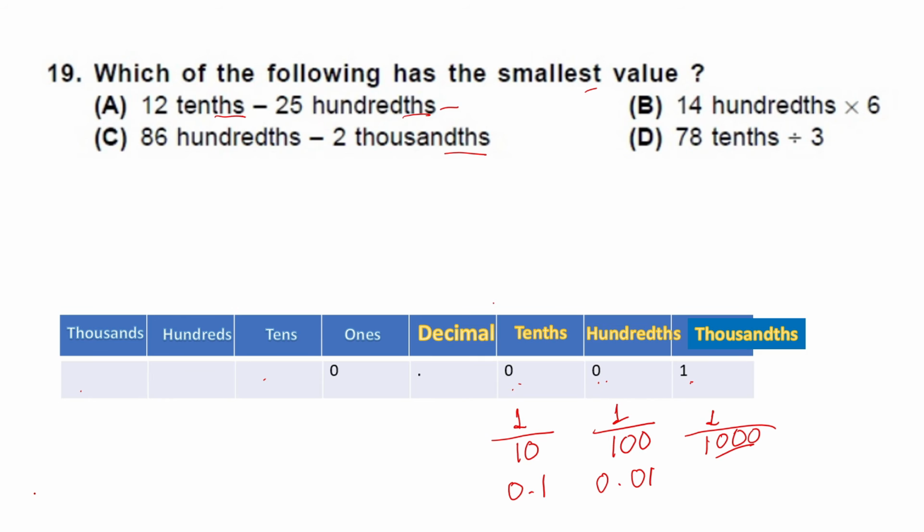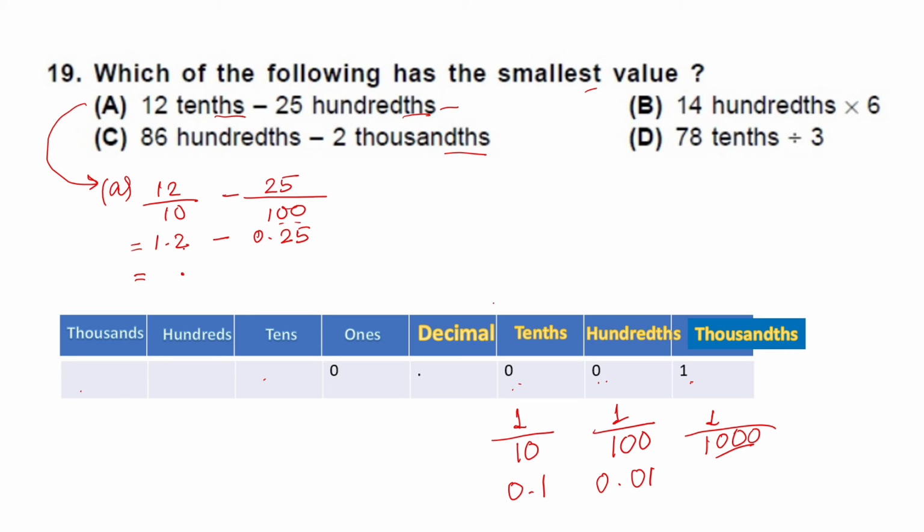So now let's solve these options. 12 tenths is nothing but 12 by 10 minus 25 hundredths, which is 25 by 100. Now 12 by 10, just one number after decimal, would be 1.2, and 25 by 100, 2 zeros, so 2 numbers after decimal.